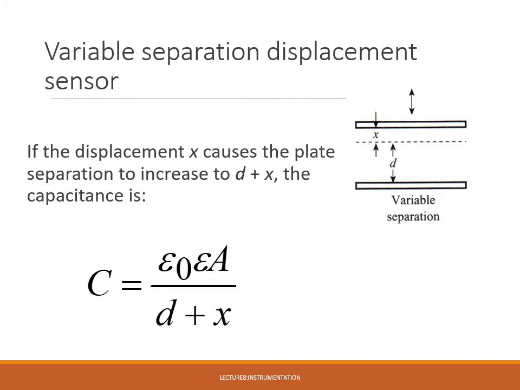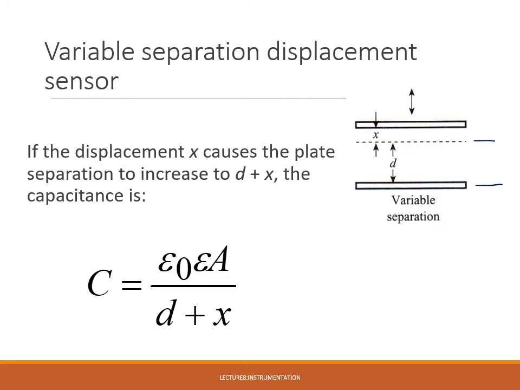Okay, you can see here it is using displacement changes. Initially the moving plate is here. We have two plates with distance d, and the shared area is the same, and the dielectric material is the same.